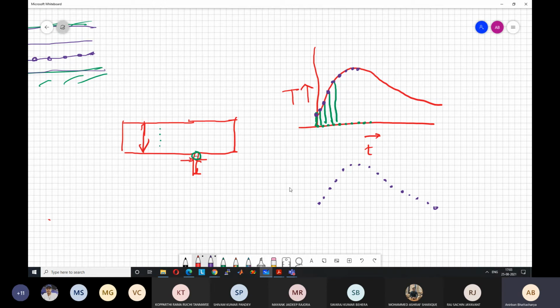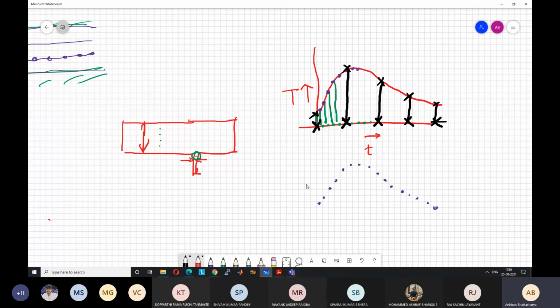Now, if the time step was very large, okay, I'm giving an exaggerated situation. So this is the time step. Because in implicit scheme, we can go for very large time steps. So what values will we have? We will have this value. Then somewhere along this, we will have another value, and another value. Okay.